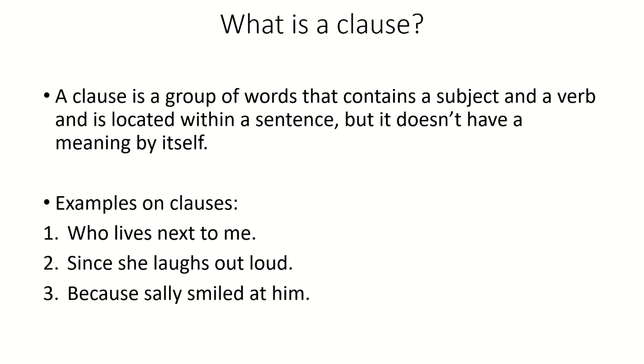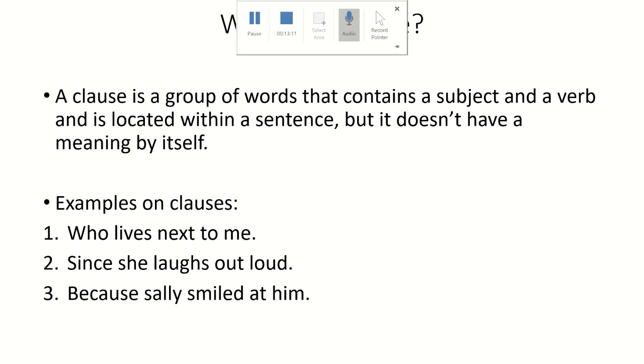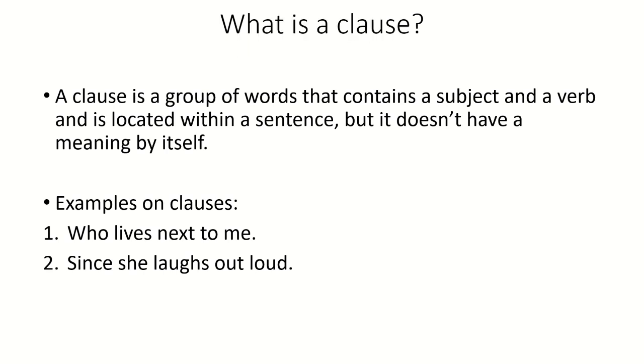Because Sally smiled at him. What does that mean? What happened before this? So these are clauses that cannot stand by themselves and give a full thought or a full meaning. They need another part in the sentence to give a full meaning.